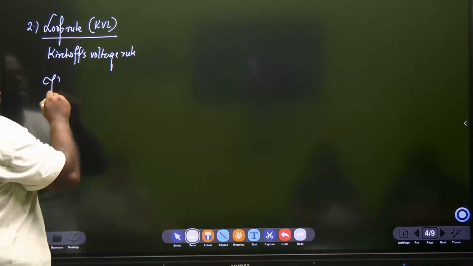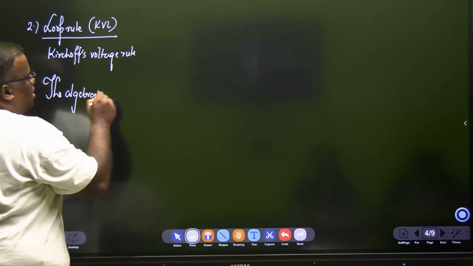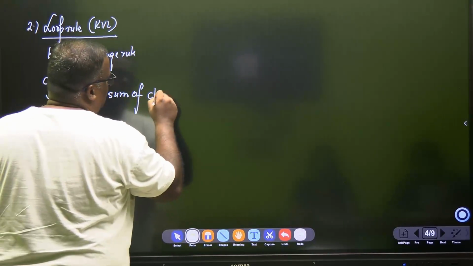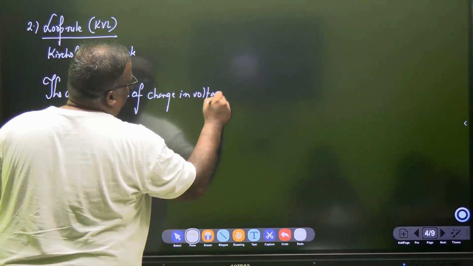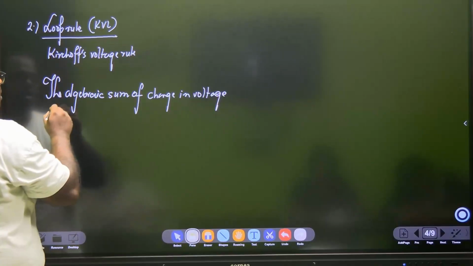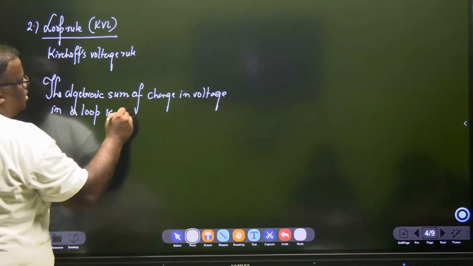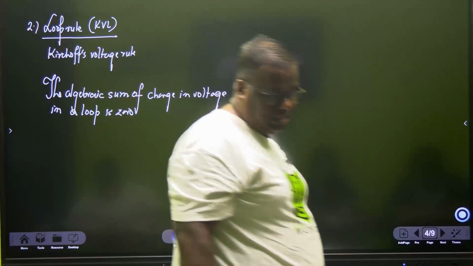The algebraic sum of change in voltage in a loop is 0. Algebraic sum of change in voltage in a loop is 0.